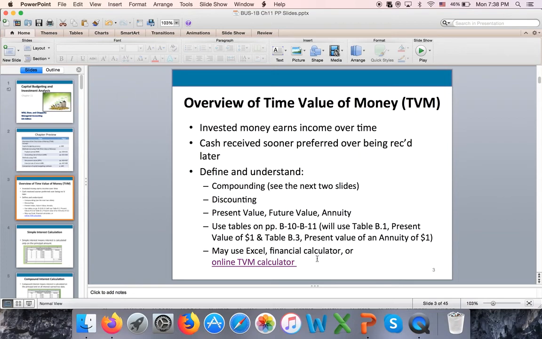Just be aware that if you're using Excel versus the textbook tables, the answers will be a few dollars different because of rounding and also how the factors are presented. Your Connect assignments will accept a certain margin of error, usually a small percentage plus or minus, depending on whatever original source you're using.